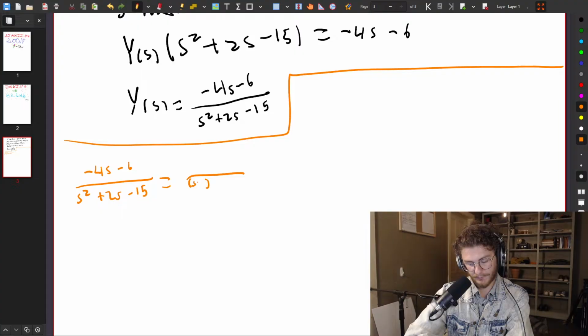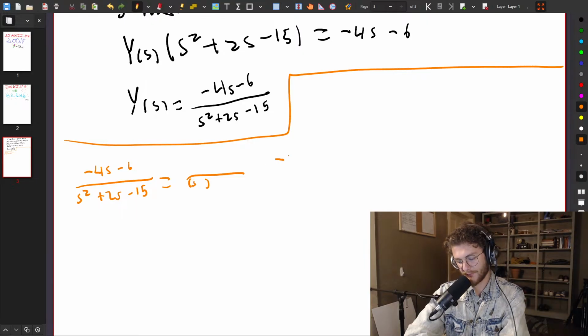I'm not sure if this is factorable, so I think it's a completing the square kind of deal. Maybe I'm wrong. When in doubt.